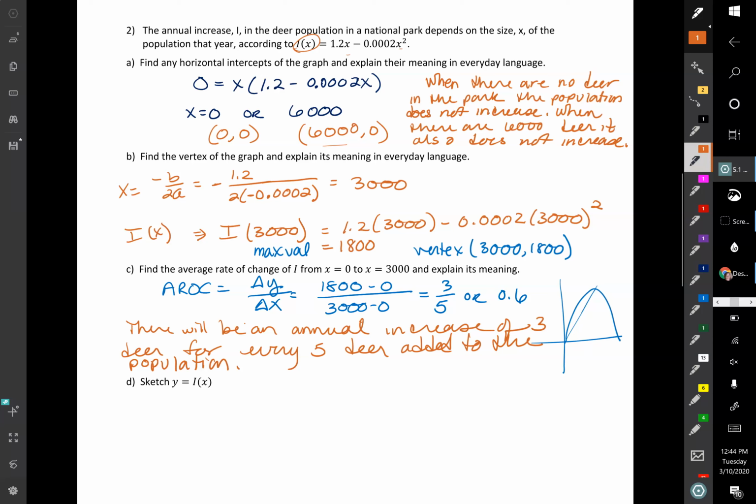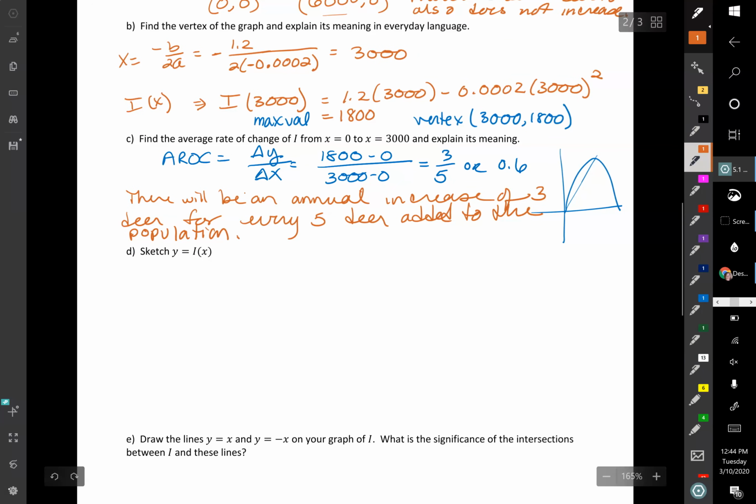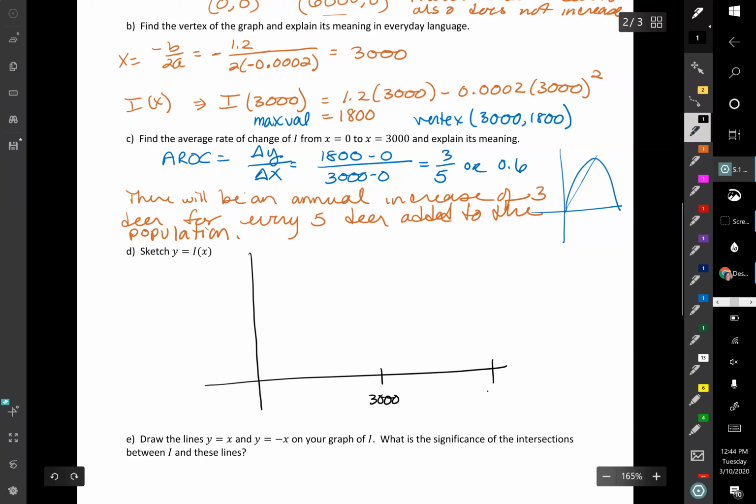So now we're going to sketch y equals I of x, which I kind of did right there, but I can make a bigger one right below to give it more room. Say this is my 3,000, this is my 6,000, this is my x, which is the number of deer, and this is I of x, which is my increase in deer.